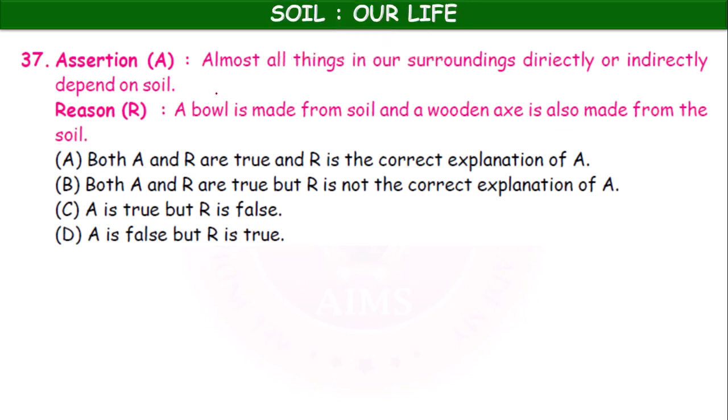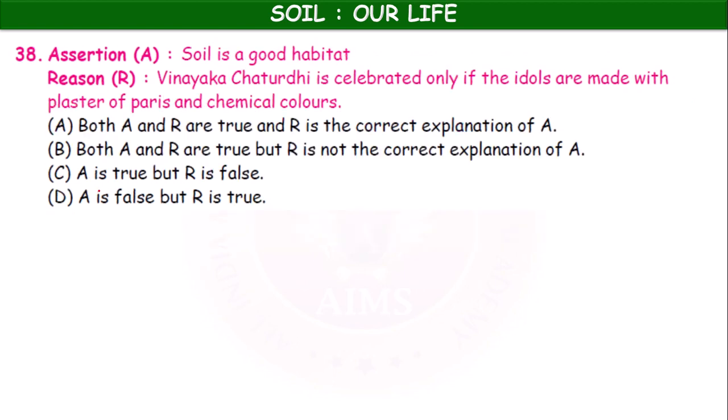So once again, let us go through the assertion. Almost all things in our surroundings, directly or indirectly, depend on soil. Yes, it is true. A bowl is made from soil, and the wooden axe is also made from soil. So this is absolutely wrong. So assertion is true, but reason is false. Same type.